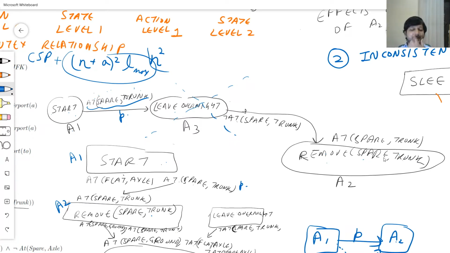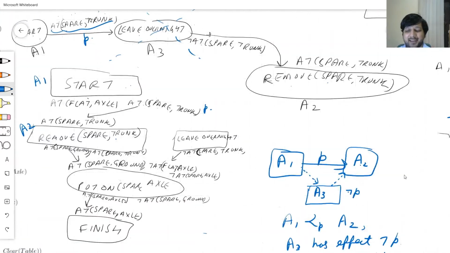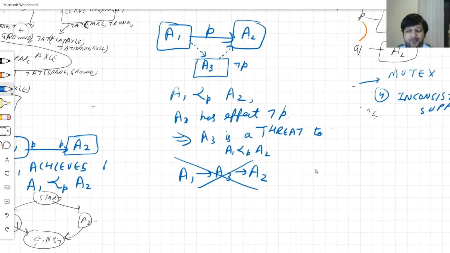And if that happens, A3 cannot be in the middle, and that means there are two solutions to it.